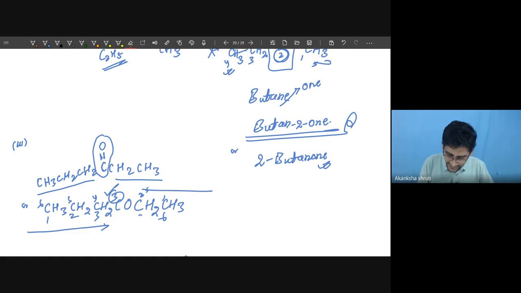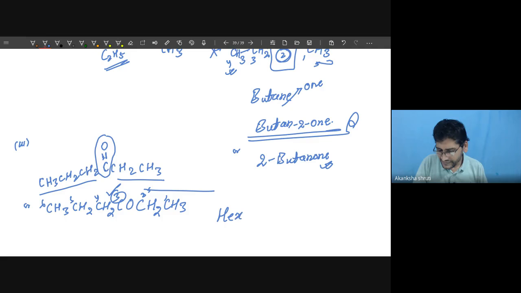Okay, students? So you need to leave this way of thinking. This way of counting is not acceptable. Here we are getting total 6, so it will be our hexane. E has to be replaced by ONE.